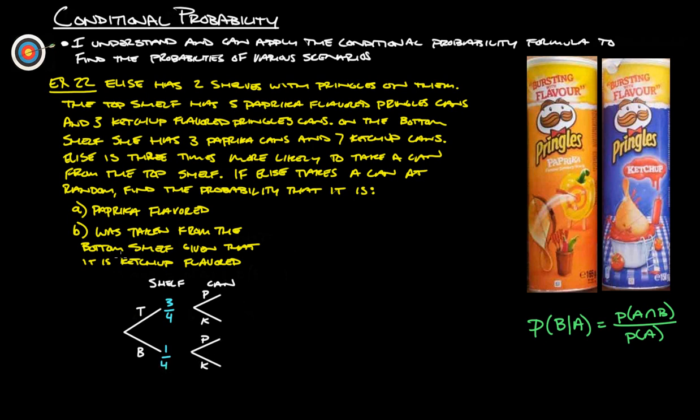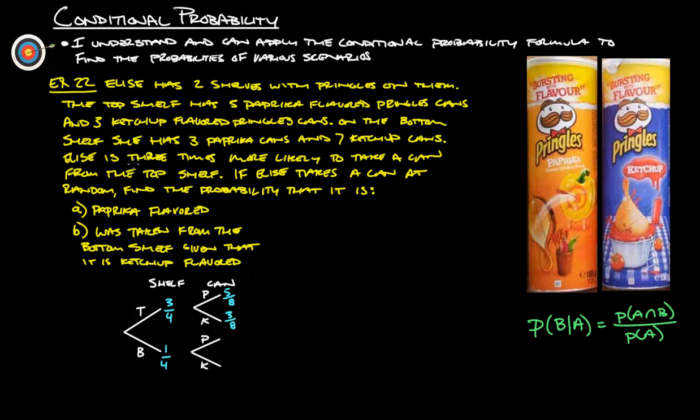So if she chooses 4 times, 3 of those 4 times are from the top, one of the 4 from the bottom, right? On the top shelf, there are 5 paprika and 3 ketchup flavored. So there's 5 out of 8 paprika, 3 out of 8 ketchup.